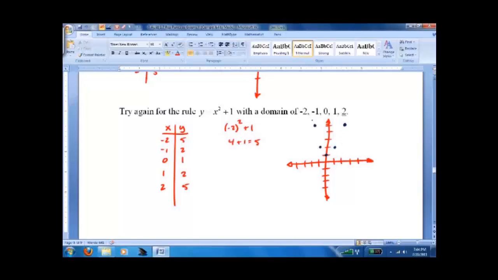And it actually has got a shape like a U. Anytime we have an x squared, that'll happen. We won't practice these too much at this time, but it's good just to see how we can use a coordinate system to graph a function.